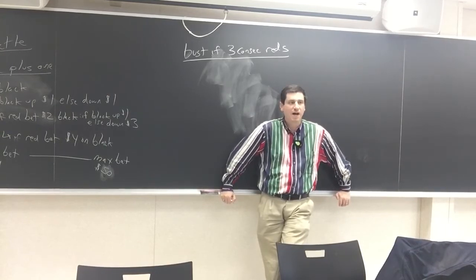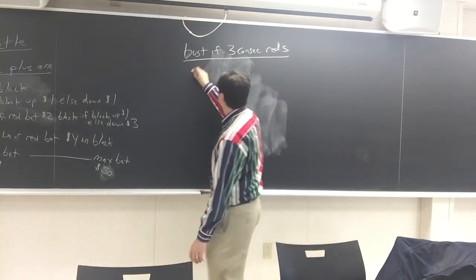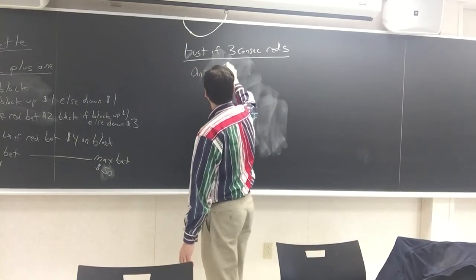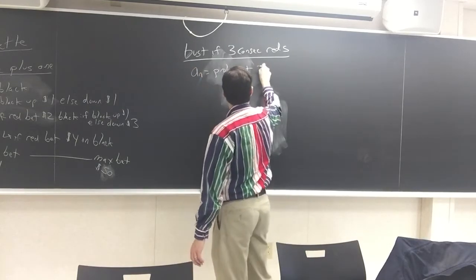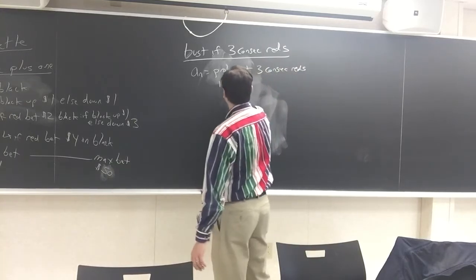And I want to give you a sense of how you can use math to attack problems. And again, one of the goals could be to try to attack this brick counting problem. All right? So let's let A_n be the probability we get 3 consecutive reds in n spins.